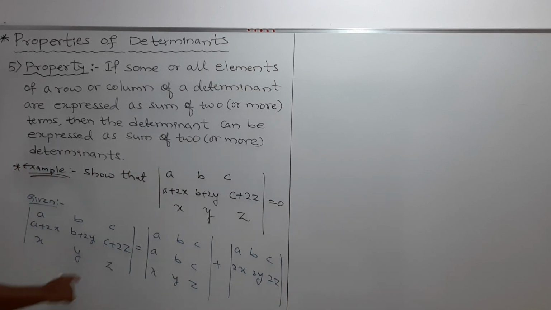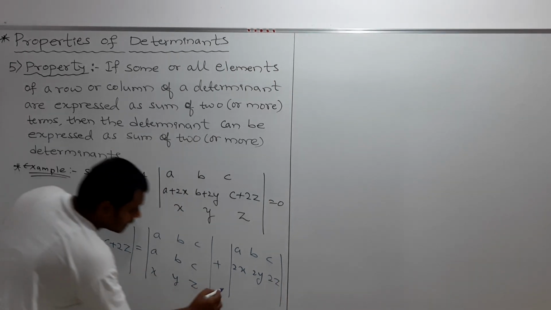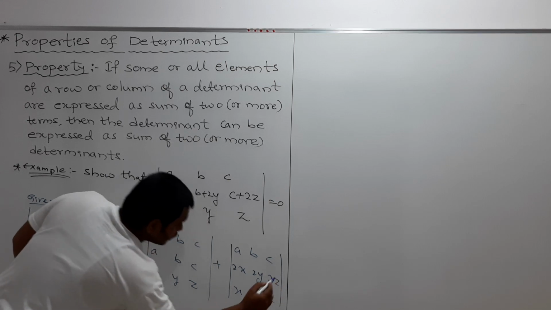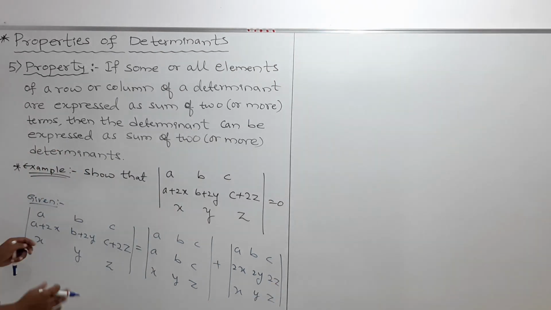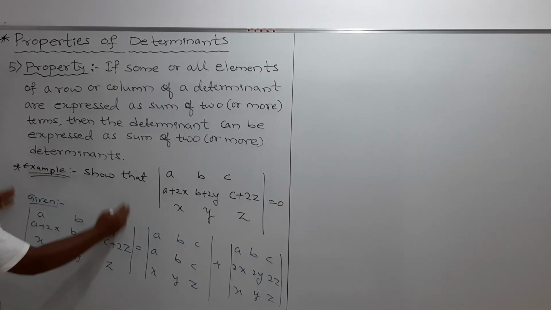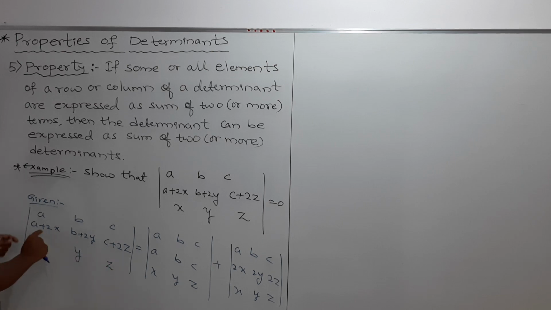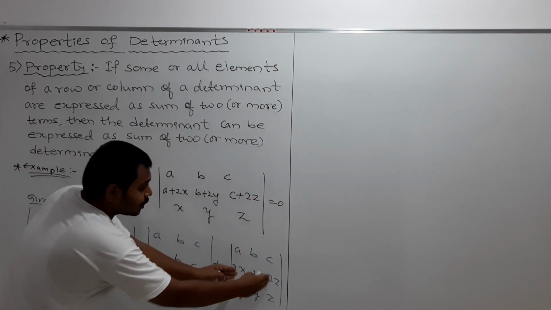And next the third row as it is, x y z. Clear? So what I did: the elements in the second row are the sum of two terms. In this particular example, two terms are there, so this determinant can be expressed as the sum of the two determinants.